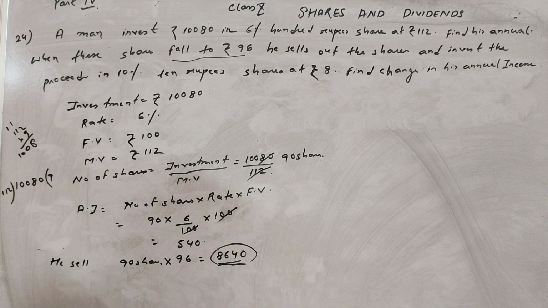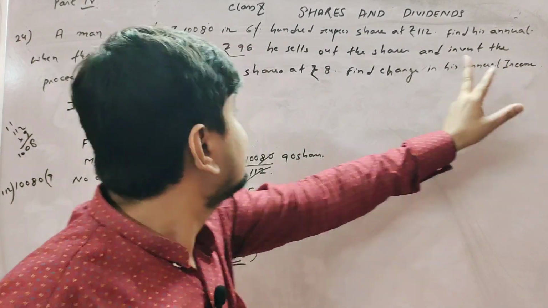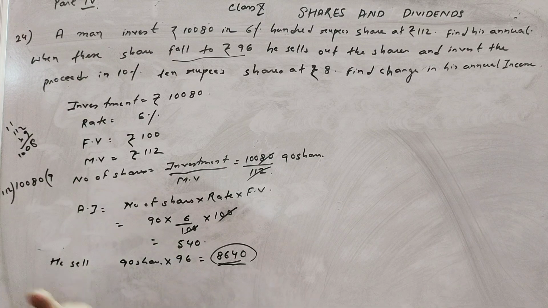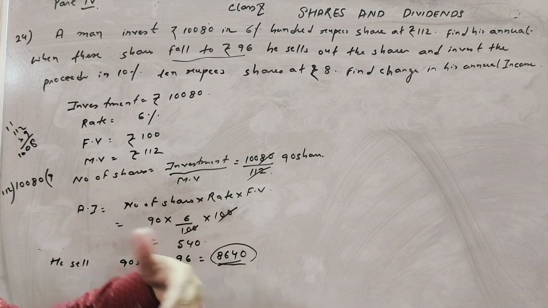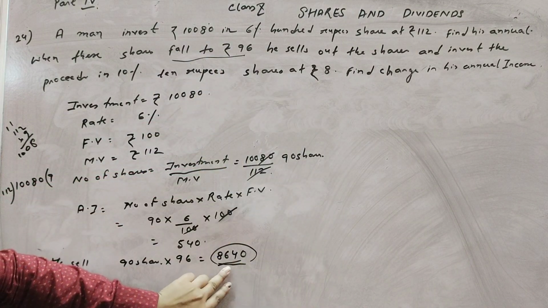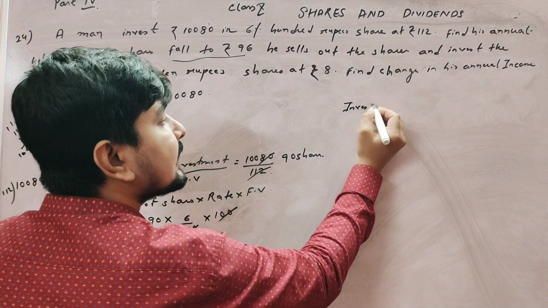Okay, now the question begins again. Invest the proceeds. That means he sells the shares, takes the money and again invests it in another company, in other shares. So he invests 8640, that means the investment amount for the second case.